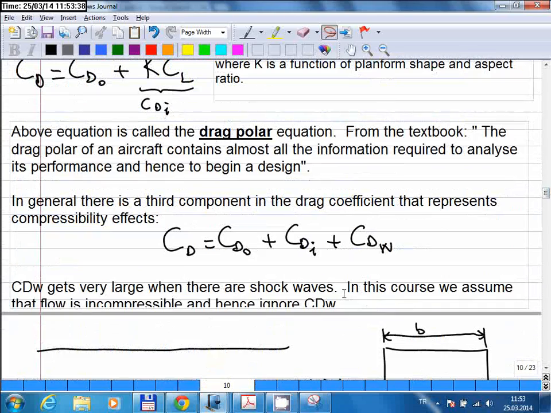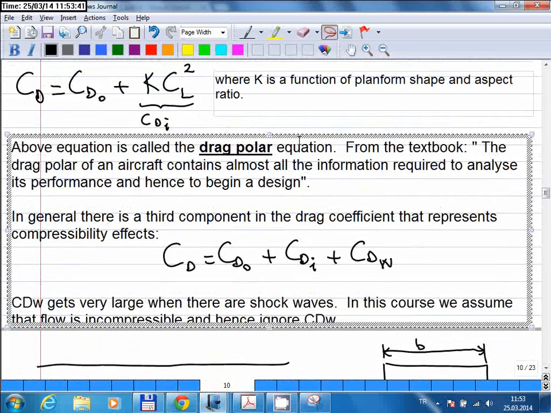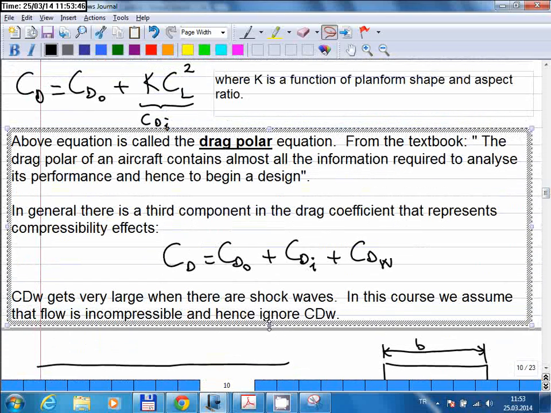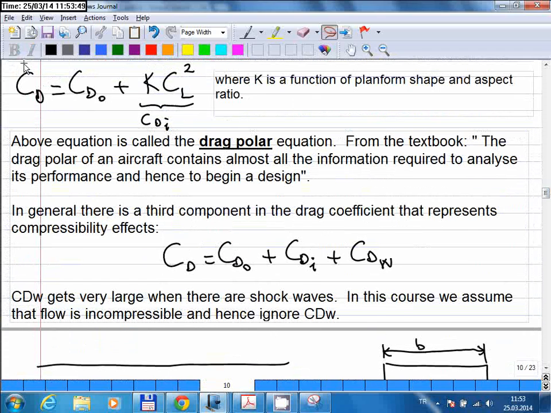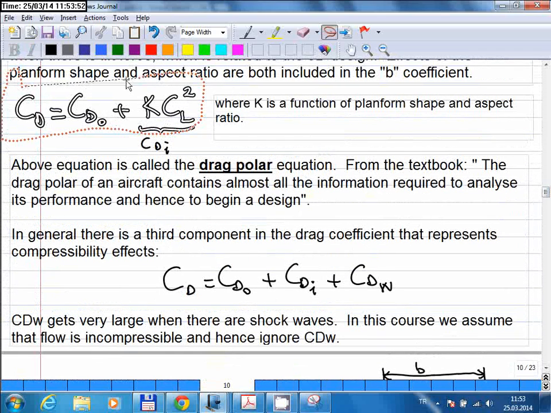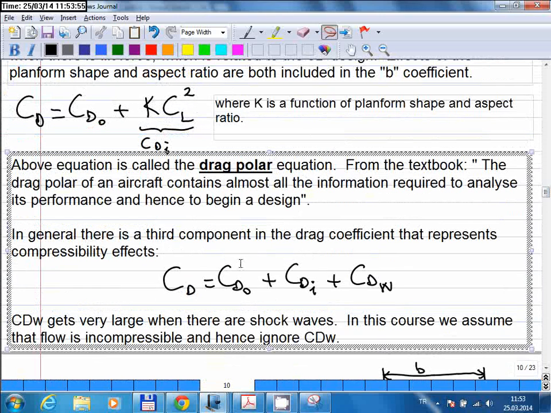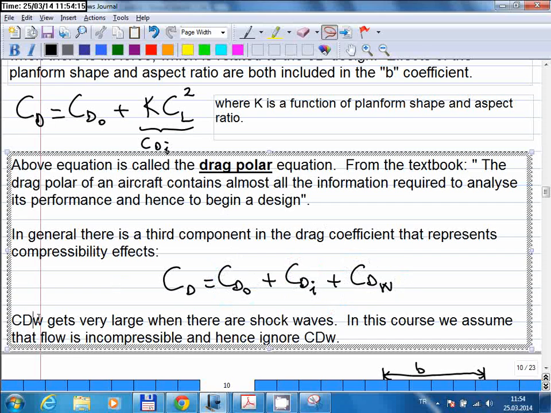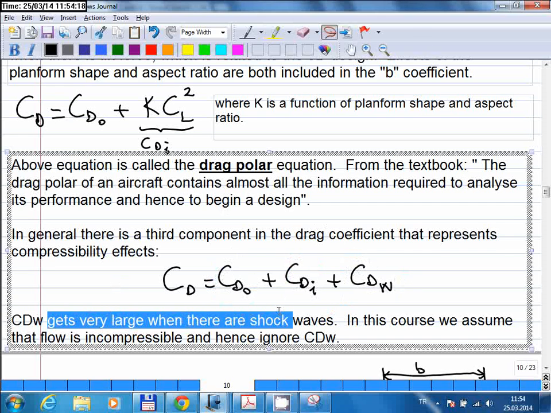Okay, so let me give you this additional information. In this course, this is what we will use for the drag coefficient. We will use this equation, but normally there's a third component in that equation, and in addition to the parasite drag and induced drag coefficients, you can add a wave drag coefficient, and this CDW represents compressibility effects, and that can get very large when there are shock waves.